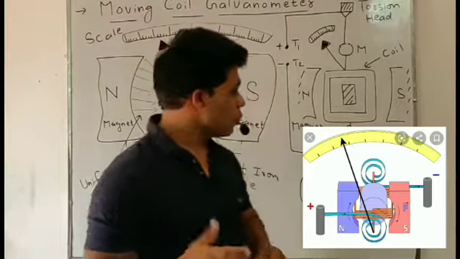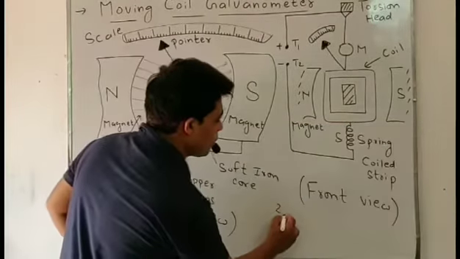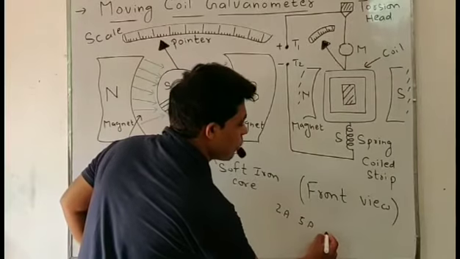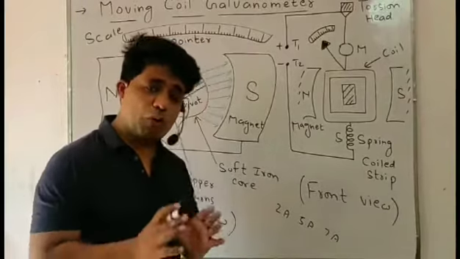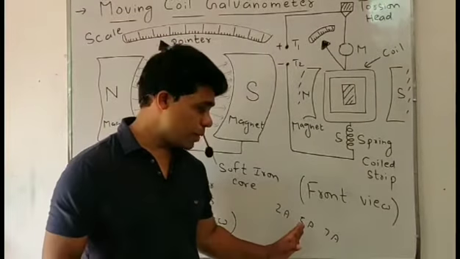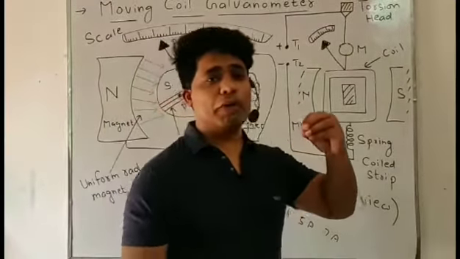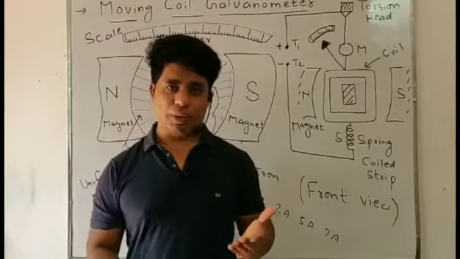Suppose you are having 2 ampere current, 5 ampere current, 7 ampere current. If you want to detect currents of 2 ampere, 5 ampere, 7 ampere, we can measure them by an ordinary or simple galvanometer.